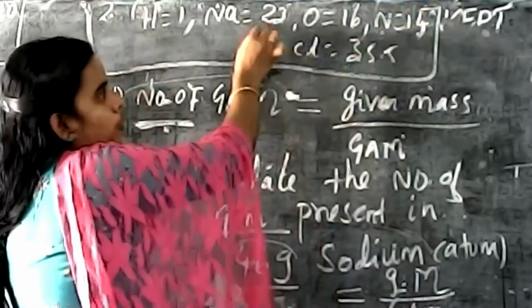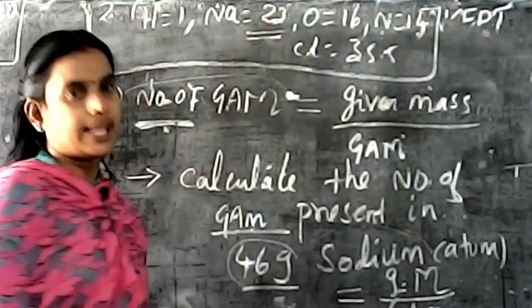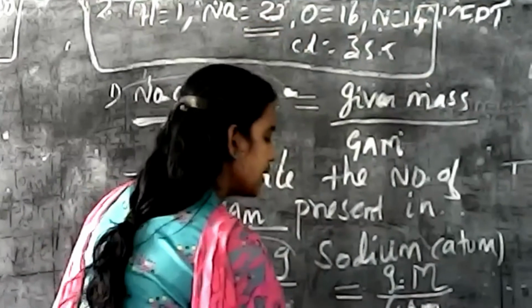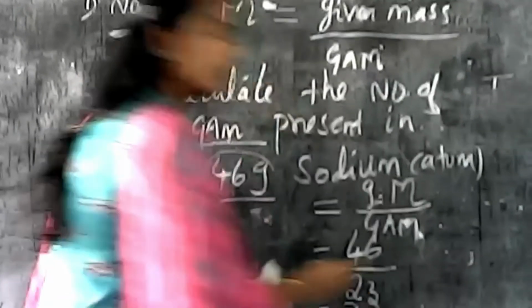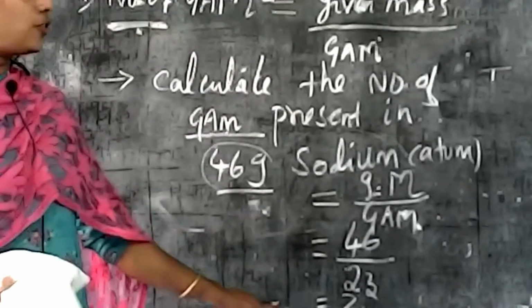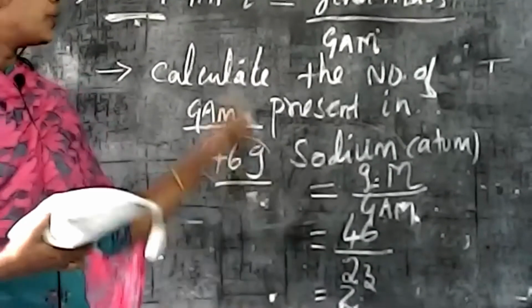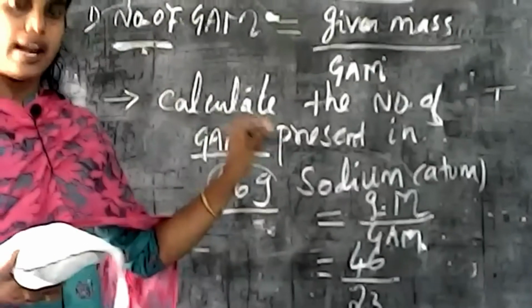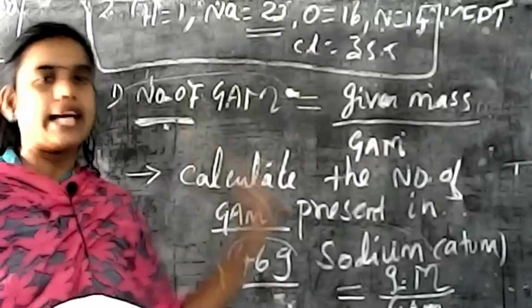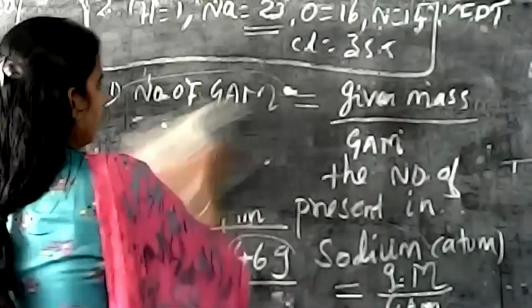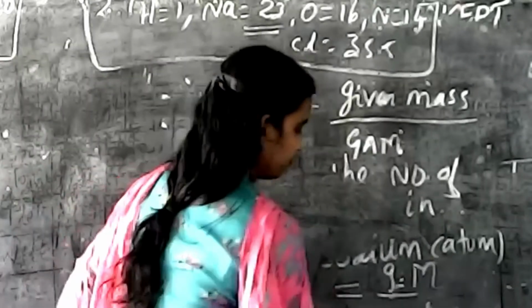What is the atomic mass of sodium here? 23. So 46 divided by 23. What is the final answer here? 2. So the number of GAM is 2. This method is used to calculate the number of gram atomic mass present in any sample. Is it clear for you?